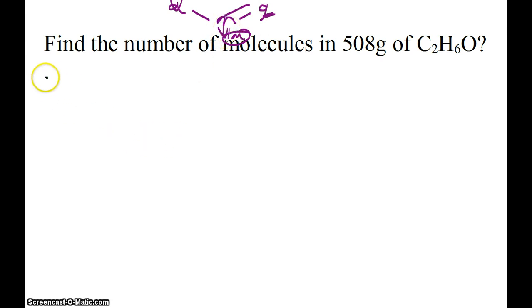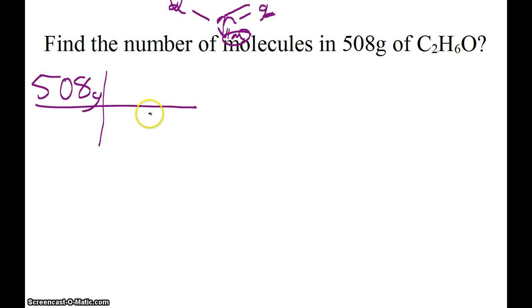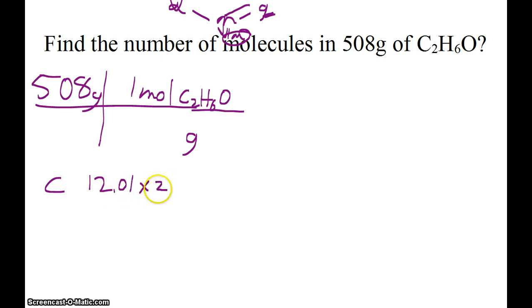So let's start with what we know. We have 508 grams to start off with. We need to find out the molar mass. So in 1 mole of C2H6O, how many grams do we have? Alright, so we have C, that's 12.01 times 2, plus the hydrogen, which is 1.01 times 6, and an oxygen, which is 16.00.